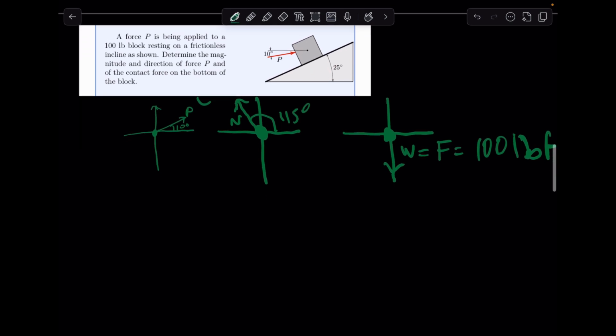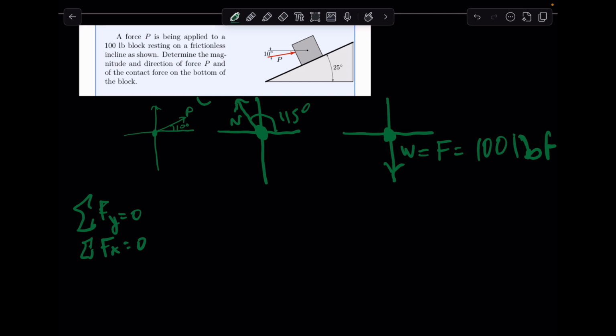Okay, so from this, we can start writing our equations. Remember, the sum of the forces in the x direction and the y direction needs to equal 0. In this case, there's no moment being applied to this, so we don't have to worry about the sum of the moments for now. It still equals 0, but we don't have to worry about it because we don't have any moments acting on this.